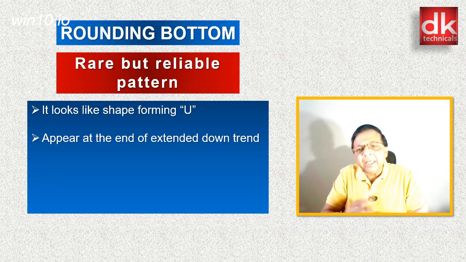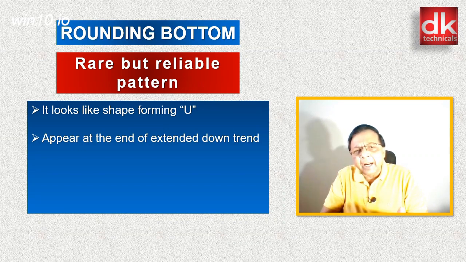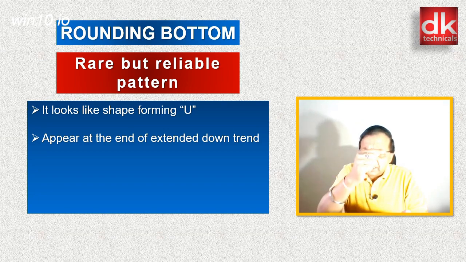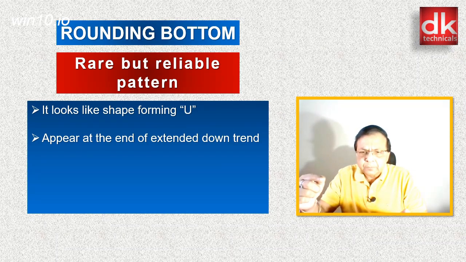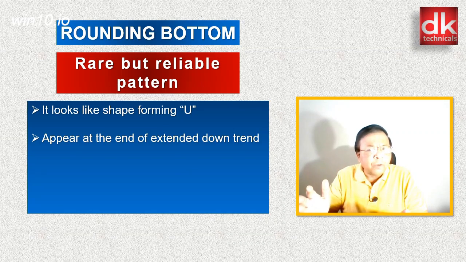For several years, a downtrend has moved in the market, and then these kinds of patterns start forming in an extended trend, meaning prior to formation of the U shape. I'm not talking about the breakout of it. I'm talking about the formation part of it.